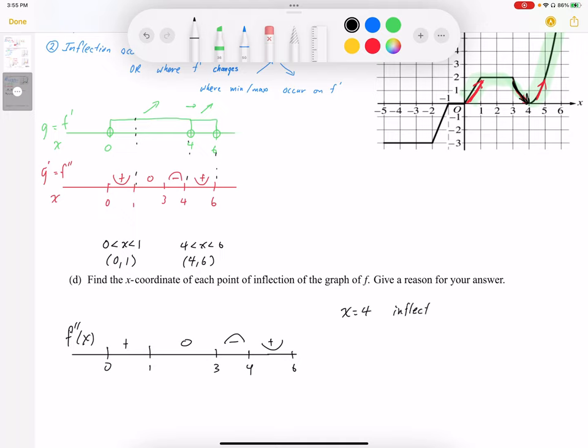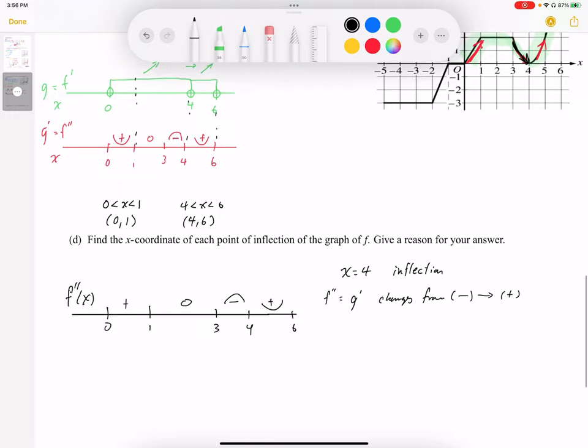Okay, and the reason is the concavity changes, or G prime, which is F double prime, changes from negative to positive.